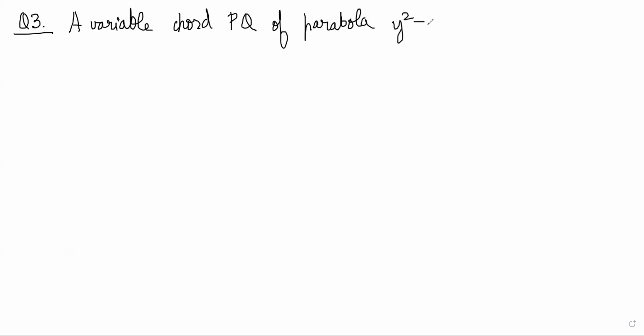A variable chord PQ of the parabola y square is equal to 4x is drawn parallel to y is equal to x.